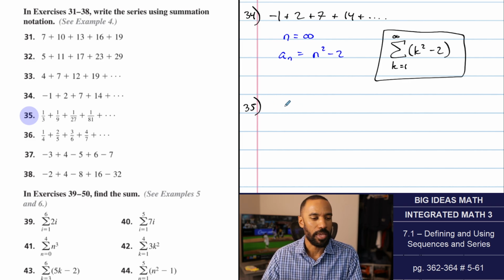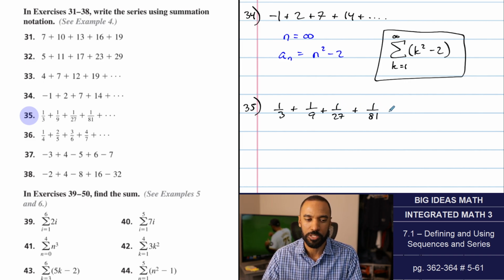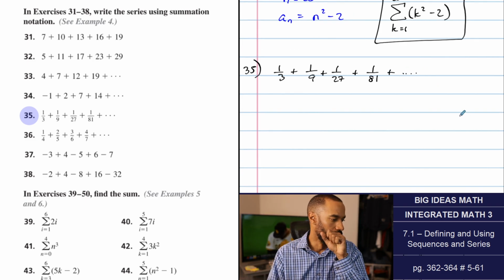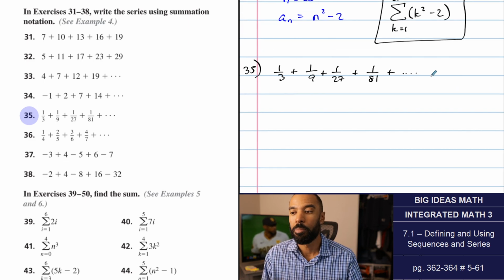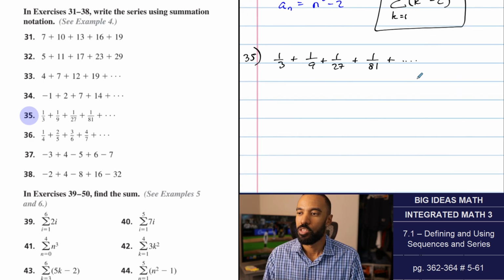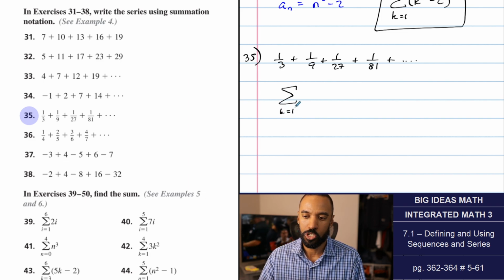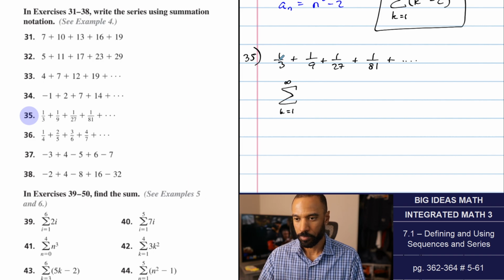Number 35 is also infinite, but this appears to be geometric in nature. Now, it's been a moment since we've seen a geometric of anything, and I think this is our first geometric series. We're not using a geometric series formula that you would know, but we're using geometric sequence stuff. Let's see if we can just write this out in full right here. We're going from the first term to infinity.